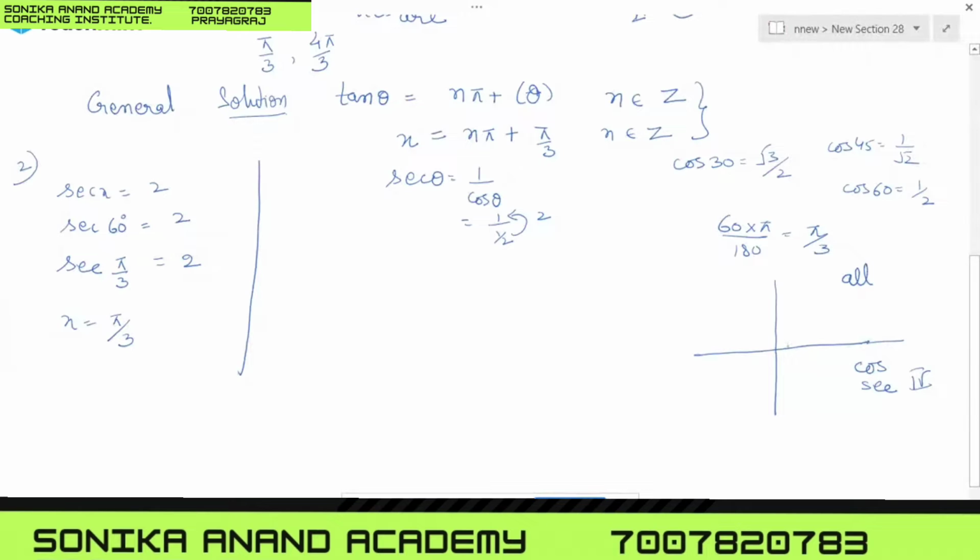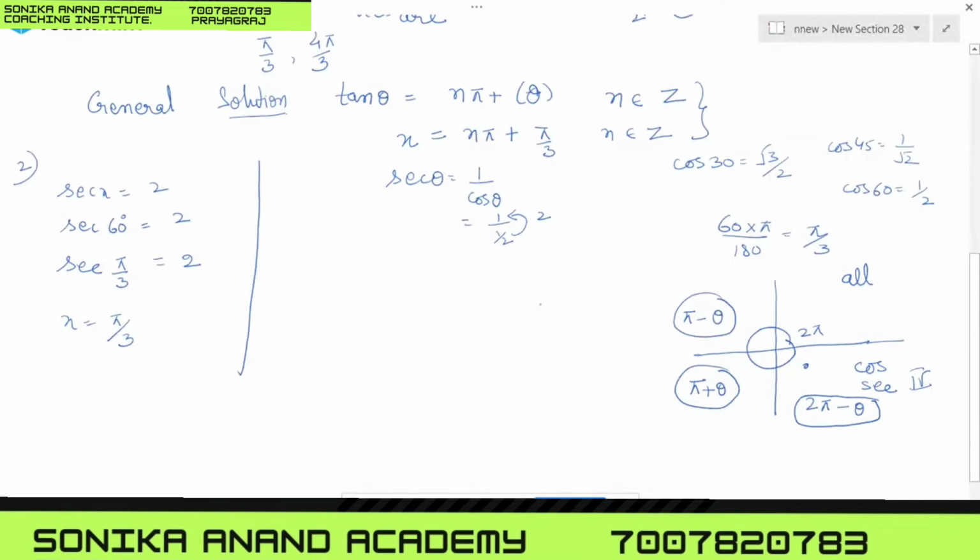The whole angle is 2 pi, so this portion is 2 pi minus theta. This portion is pi plus theta. This portion is pi minus theta. Please remember it. It will be helpful.